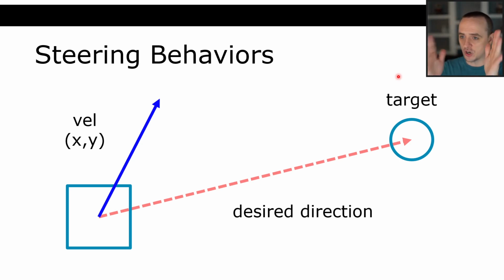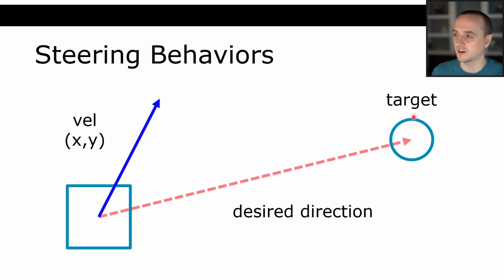So I have a current velocity, but now I have a new target I want to go towards. If I don't have steering, my current velocity is a straight line, and then on the very next frame I'm going to turn on a dime and instantly shift toward the target. But that doesn't look right.